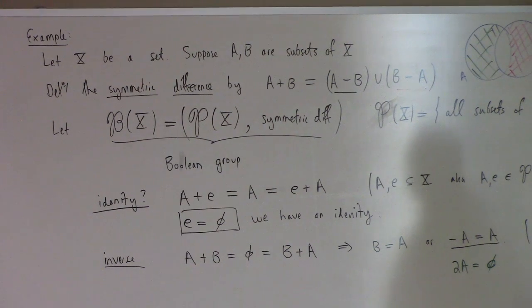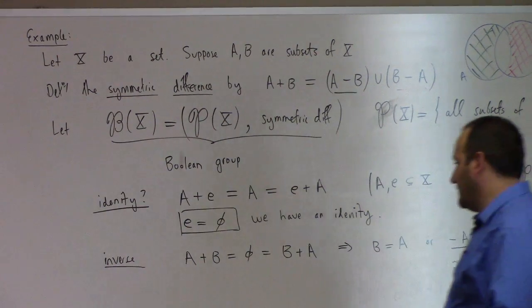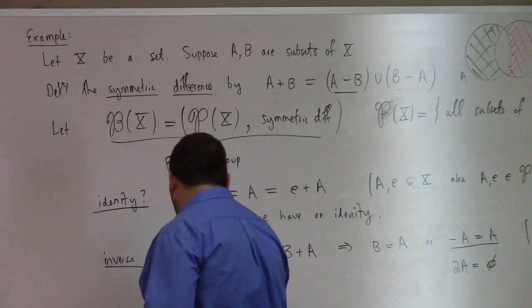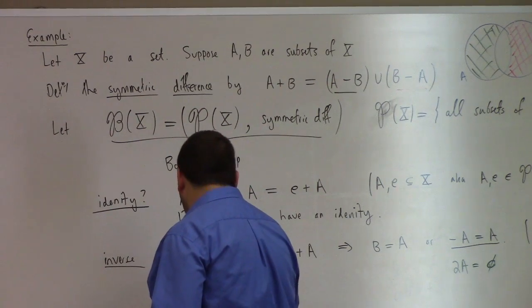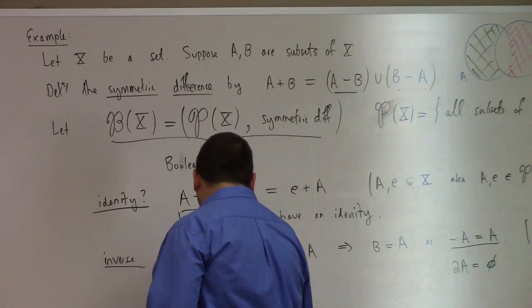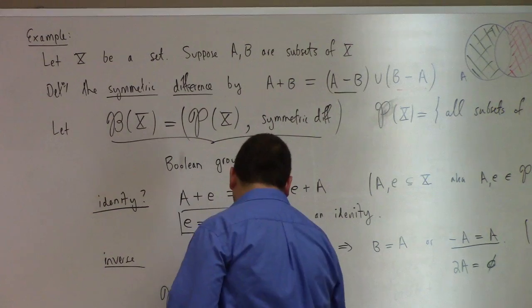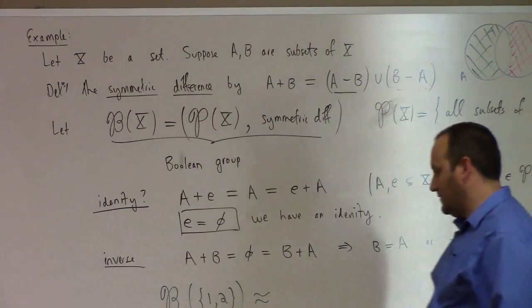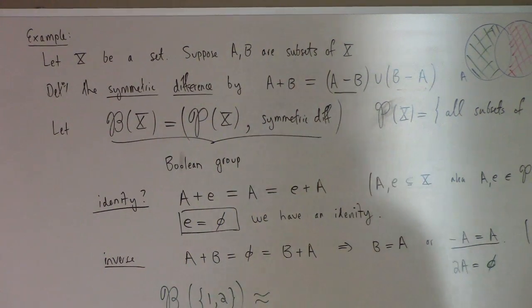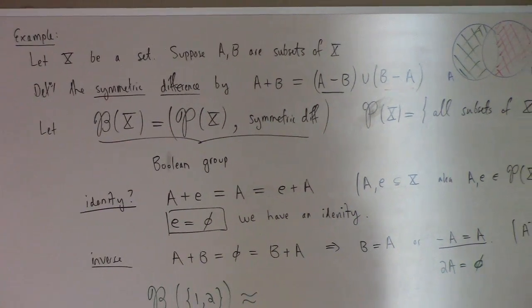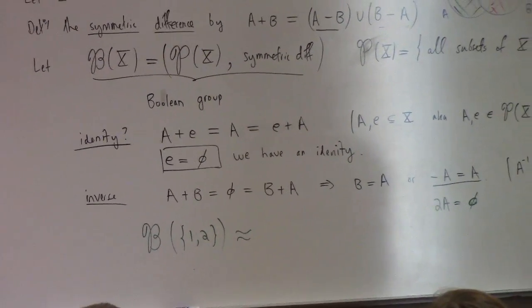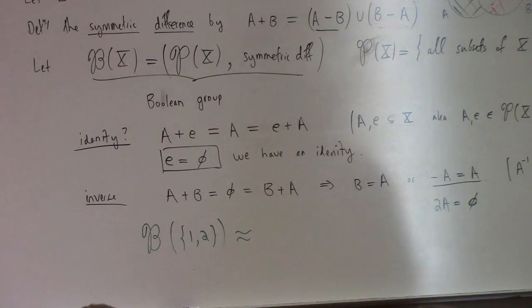So if you look at the Boolean group on 2 elements, you can ask what it's isomorphic to. What would this be isomorphic to? How big is the power set? Right?